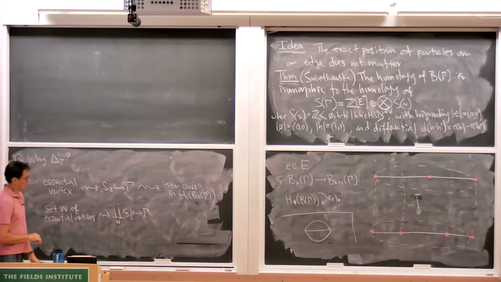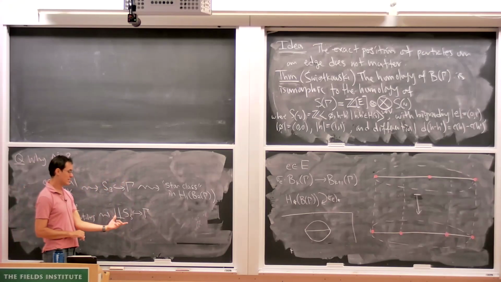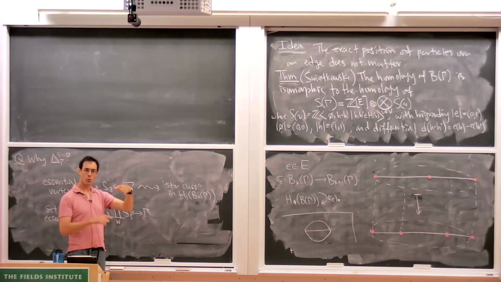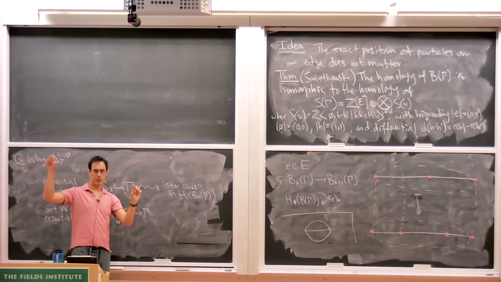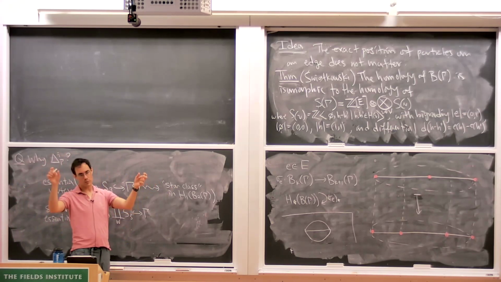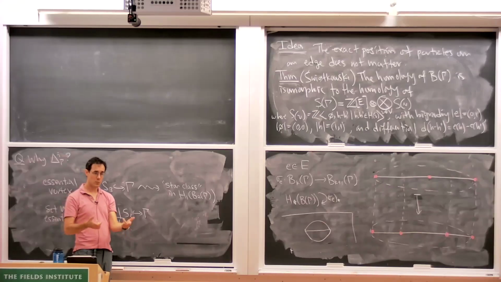And then configuration spaces take this disjoint union to a product. Or, in more pedestrian terms, this star class is when 2 particles orbit each other by taking turns passing through the essential vertex. And I can just have two particles do that at each of the essential vertices in my set. So I can have two particles orbiting each other over here, two particles orbiting each other over here. They don't crash into each other, so I stay in the configuration space, no problem.